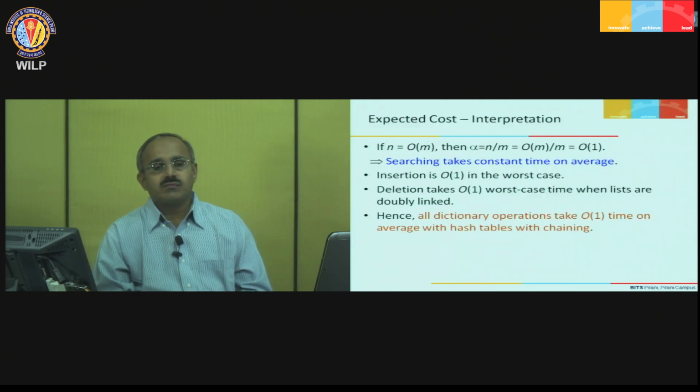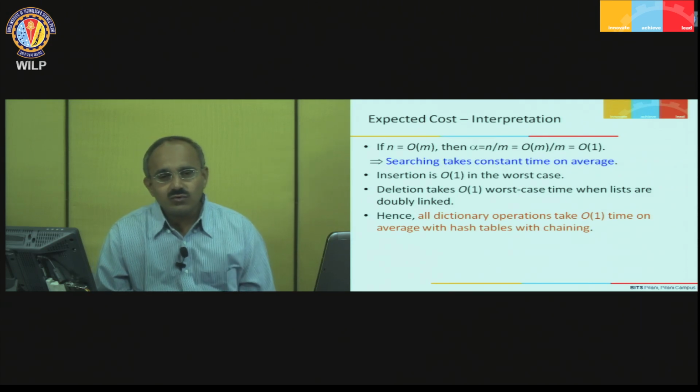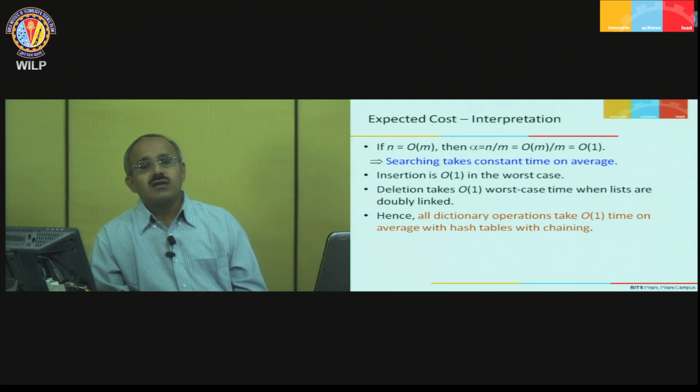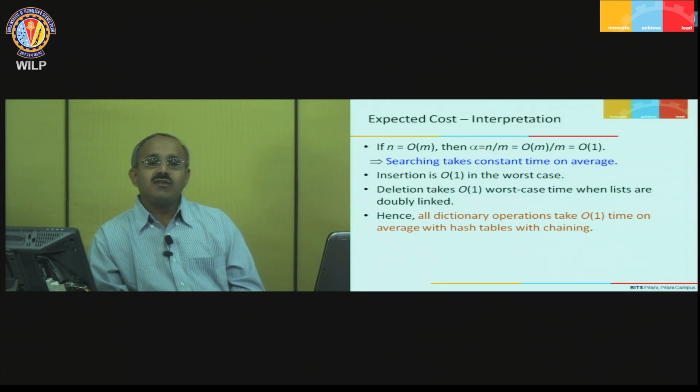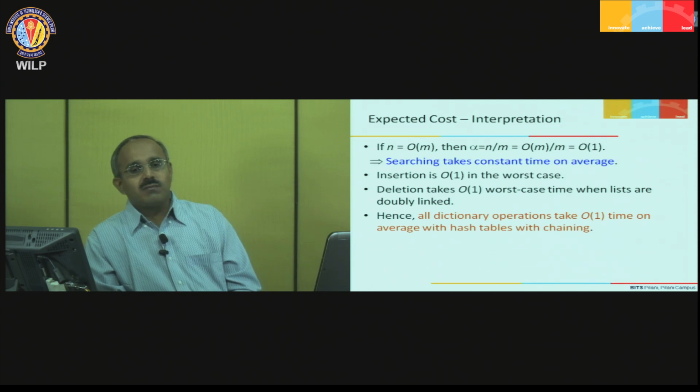So, if n, that is the number of keys that you want to store, is a factor of m. When I say n is equal to order of m, that means n is bounded by a multiple of m. So, n could be like 2m, 3m, 4m, 10m, whatever, as large as possible, but bounded by a multiple of m.